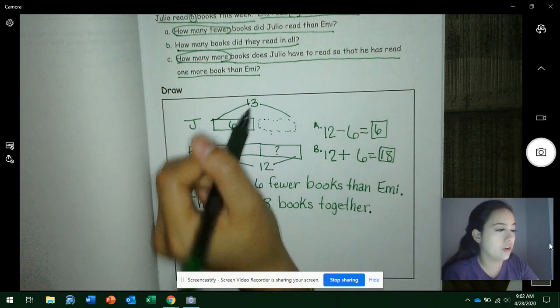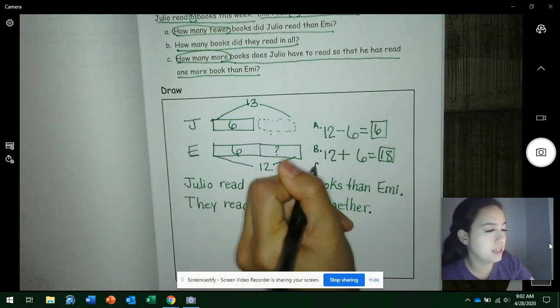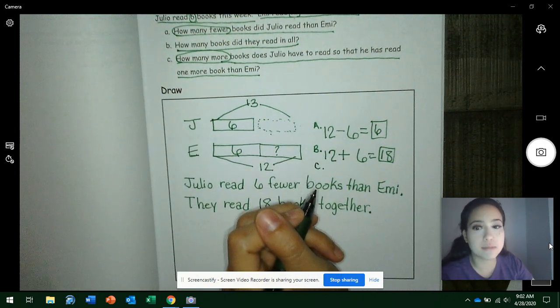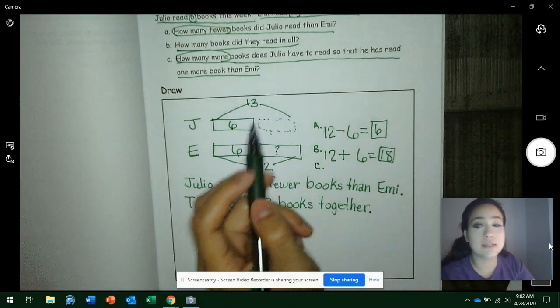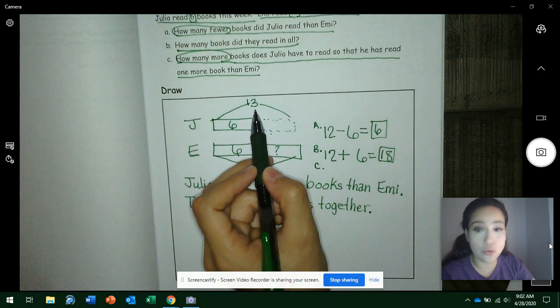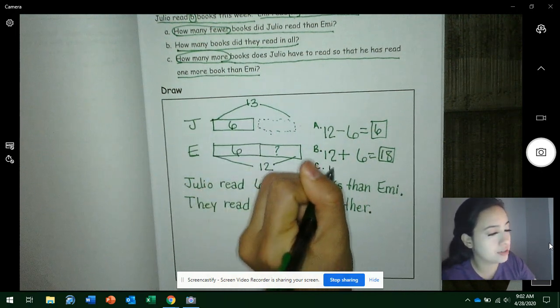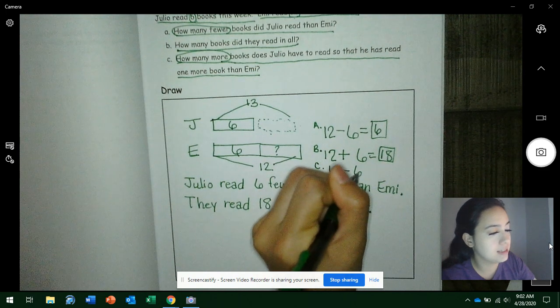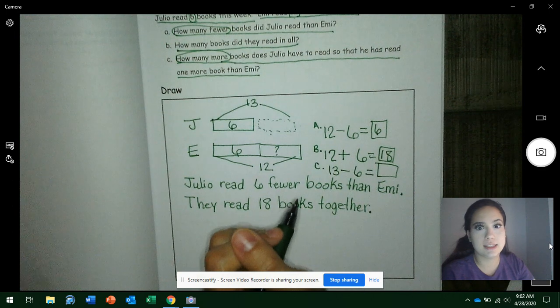So all you do is subtract for question C. So let's go ahead and put a C here and we're going to write a number sentence for C. Ready? We're going to remember that when we subtract, we start with our total. We start with our biggest number, okay? So we're going to go 13 minus 6 equals, and what is 13 minus 6?